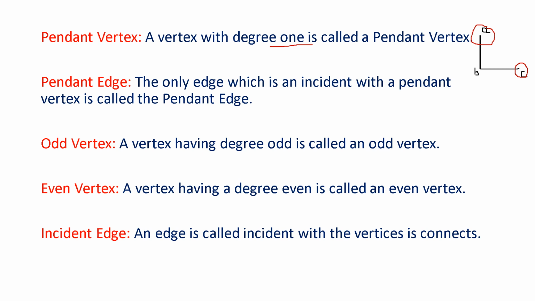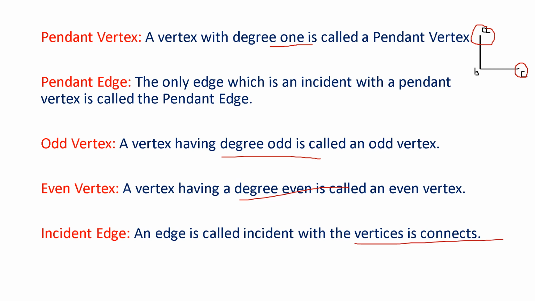Now next is odd vertex. A vertex having degree odd is called an odd vertex, and vertex having a degree even is called even vertex. Incident edge. An edge is called incident with the vertices it connects.